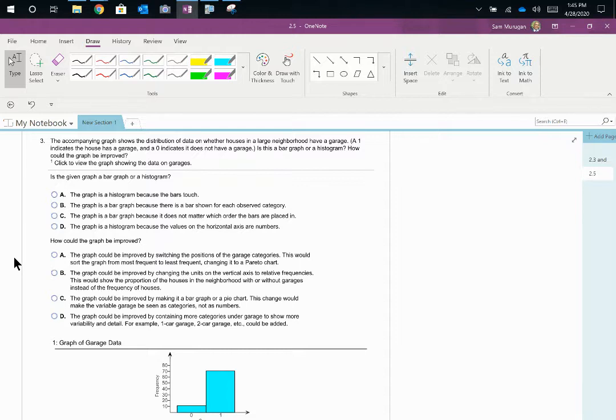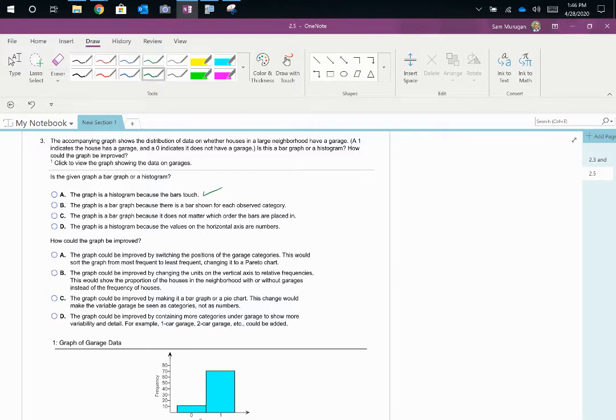So, first question, is the graph a bar graph or a histogram? So this is clearly a histogram because the bars touch. It can't be a bar graph because in bar graphs, the bars do not touch.